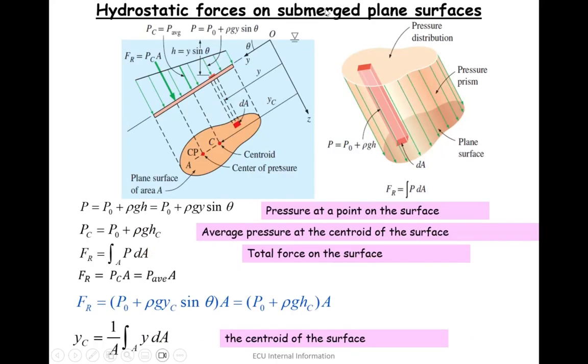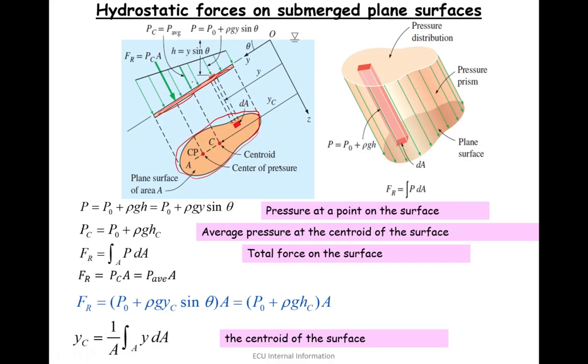Now let's see the inclined surface. As I said, see the origin. Let's say you have a surface as shown here. The plan view looks like that one, and the side view looks like that one. So we have two different terms.